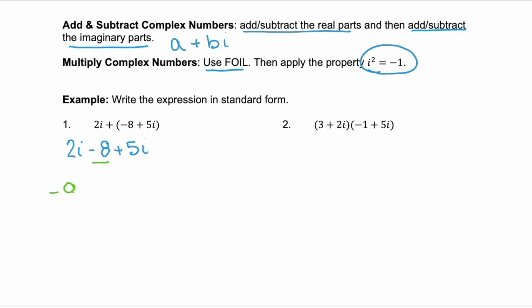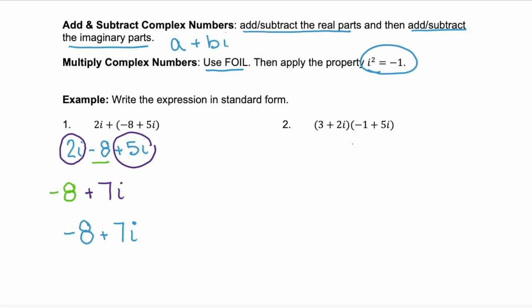So that stays as -8. And then we add or subtract the imaginary parts. We have 2i plus 5i, which is plus 7i. So our simplified format here is -8 plus 7i. And this is in standard form because it has the real part plus the imaginary part.